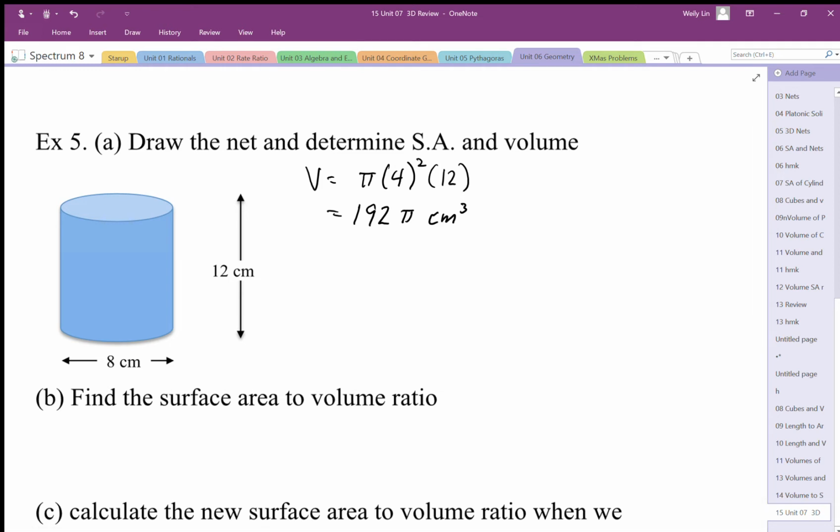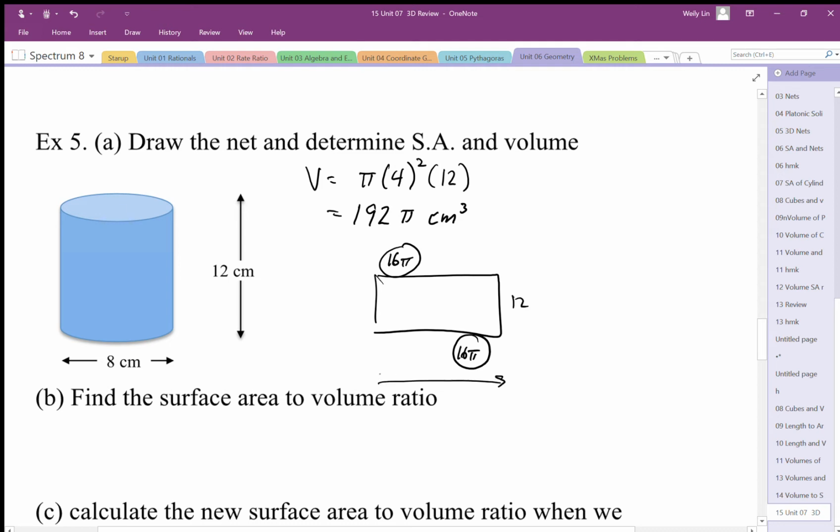To work out the surface area, we want to draw the net for this. Make sure you know the net. We know that these are going to be pi r squared, so we get 16 pi here. Those are the circle areas, the two circles. We know the height is 12. We want the distance across, which is the circumference of the circle around here that makes up the rectangle.